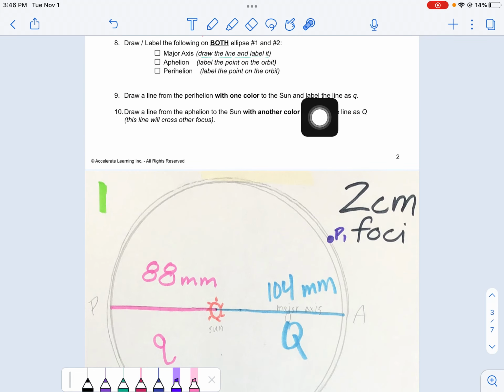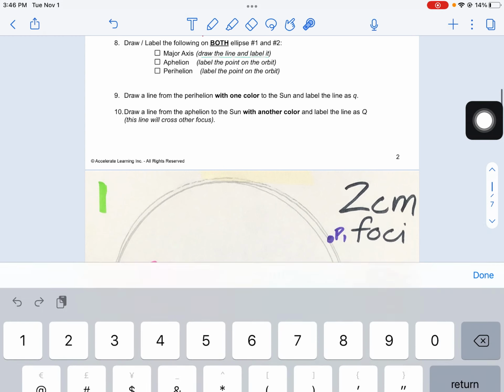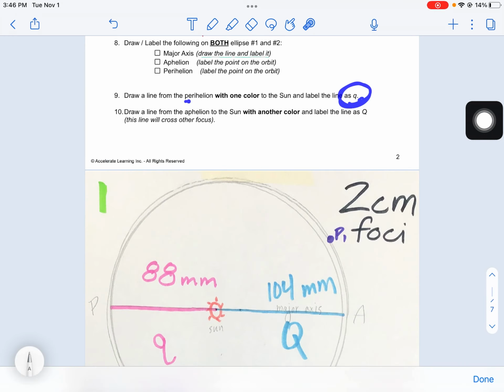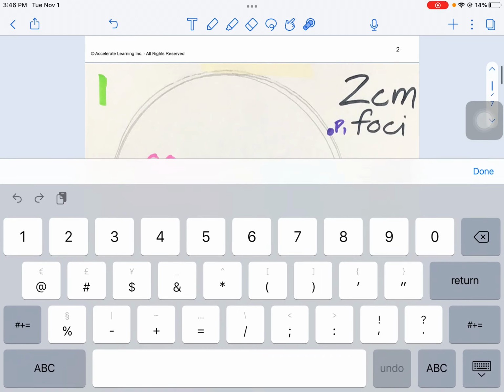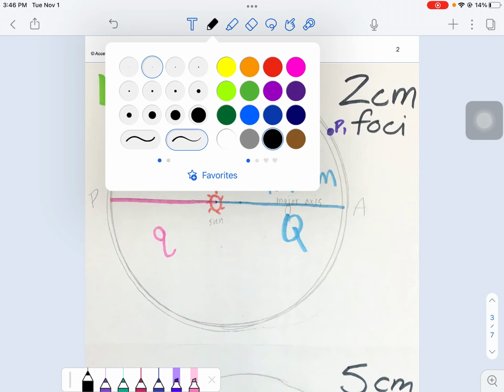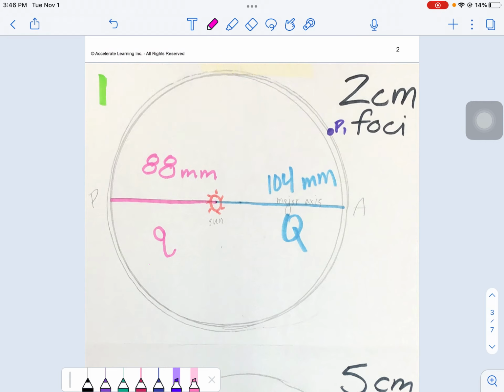So we set up these two colors, one representing our lowercase q, which is measuring that perihelion distance, and one measuring uppercase Q, the aphelion distance. So on my particular page here, what I'm looking at is this little q measuring the distance of the Earth to the sun, and that should be the closest point.